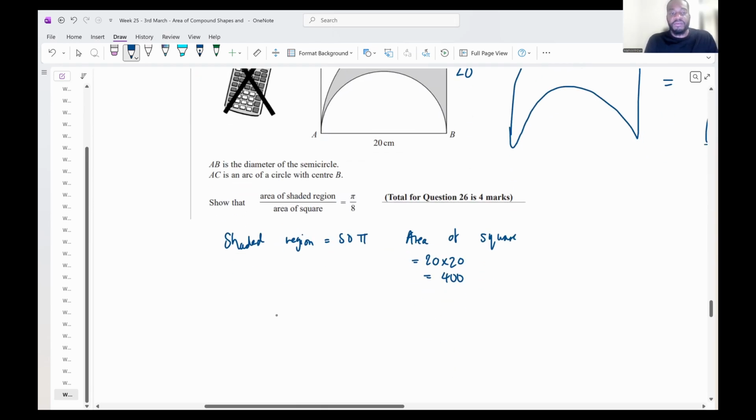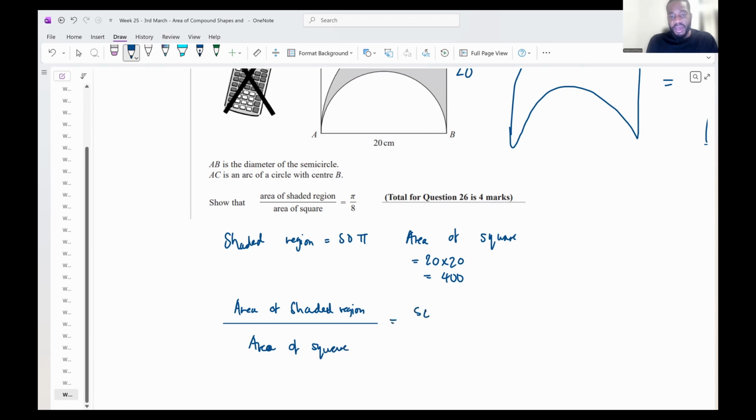So therefore, the area of the shaded region divided by the area of the square is actually equal to 50 pi on the top, 400 on the bottom. So it's just 50 pi divided by 400.